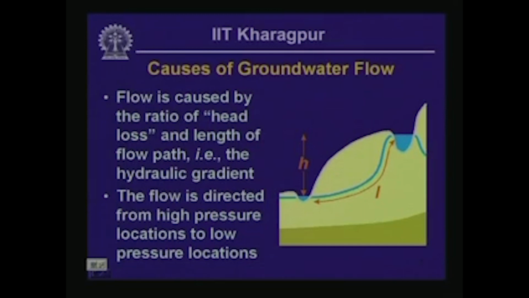So, the hydraulic gradient that is going to trigger the flow of groundwater from the right side of this sketch to the left side is going to be H over L, and that is the hydraulic gradient under which the flow is going to take place in this particular case.